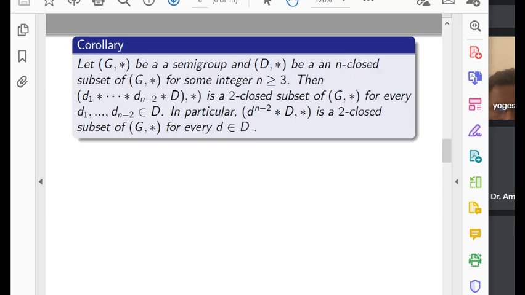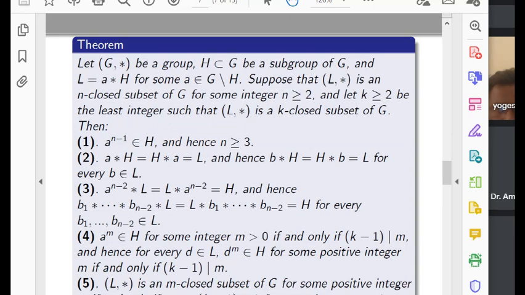Here is one that I think will help me to give you the main result that I mentioned at the beginning of the talk.